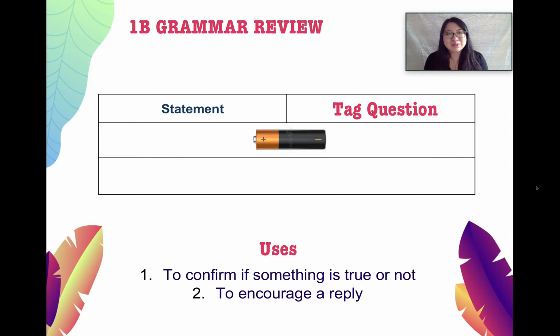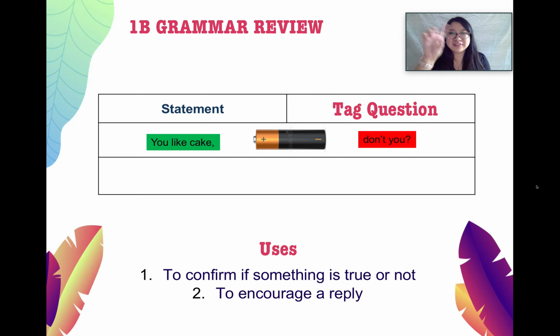And remember, when we make a tag question, there's always one positive and one negative. Think of a battery. So, when we have a positive statement, you like cake, the tag question is always negative. You like cake, don't you?